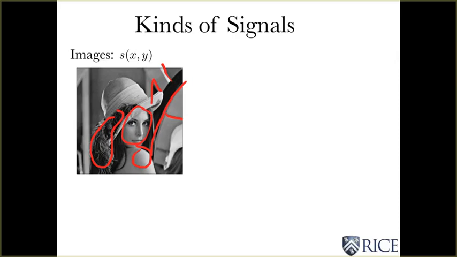So if you're trying to develop an image algorithm or image processing procedure, you want an image to test out how well it works. Well, you may discover that your procedure works very well on straight lines and curves, but doesn't work too well on texture.